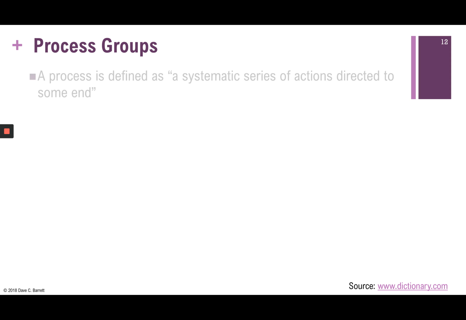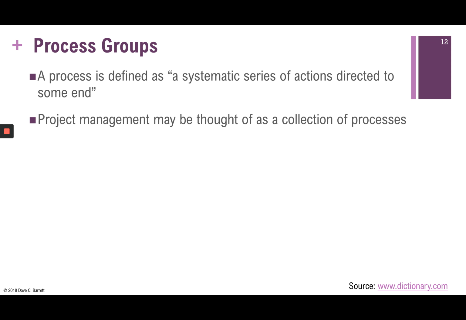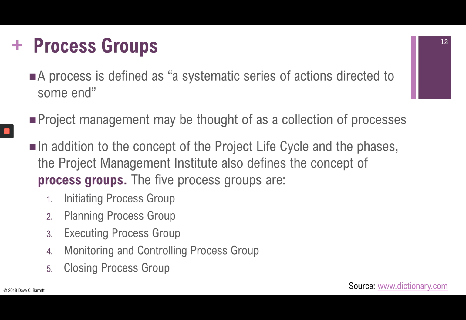Okay, there's another concept called process groups, and we're just going to introduce it briefly here for your awareness. A process is defined as a systematic series of actions directed to some end, and project management may be thought of as a whole collection of processes, as we mentioned on a previous slide. Now, in addition to the concept of the project life cycle and the phases, the Project Management Institute has also defined the concept of process groups.